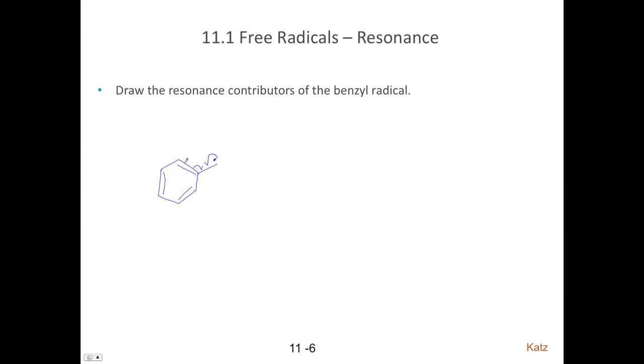I think that's a principle, but I have to make sure that's general before I really tell it to you. But it seems like every time I do a radical push, I have to move at least three arrows. So there and then there, because this forms a double bond, and this is where you park your single electron.